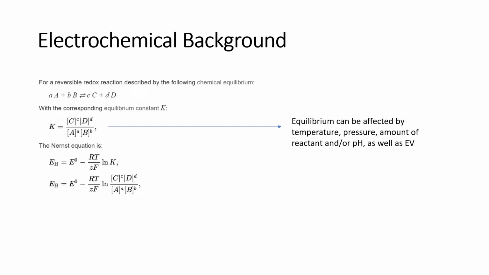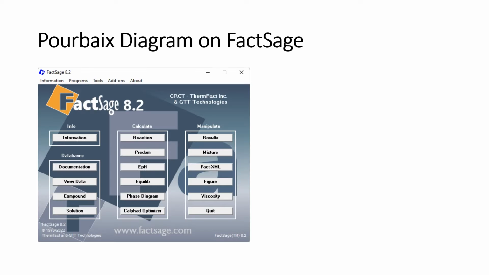And that equilibrium can be affected by temperature, pressure of system, as well as the amount of reactant or pH, as well as the electric voltage. So we're not gonna look into depth in this case. I'll just show you the better video to explain this background.